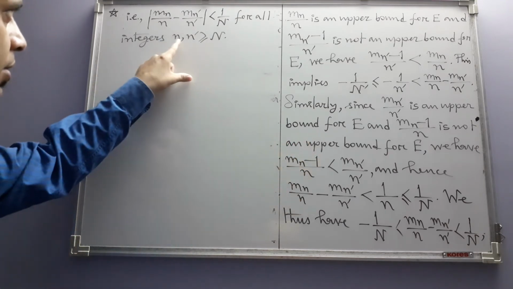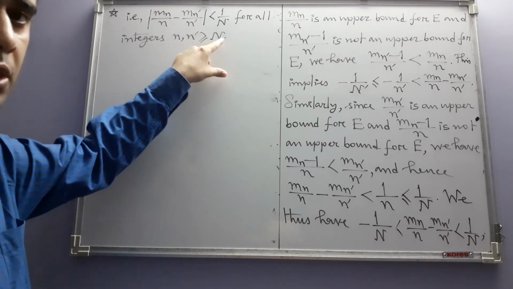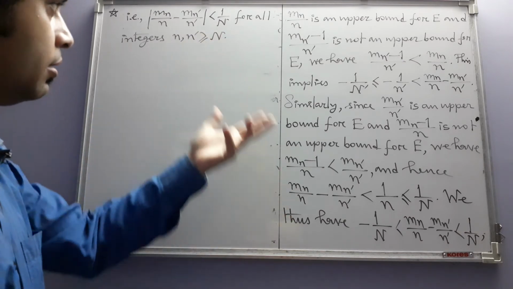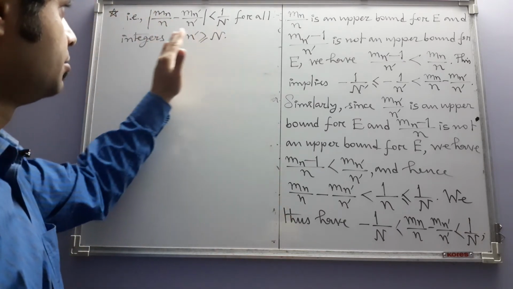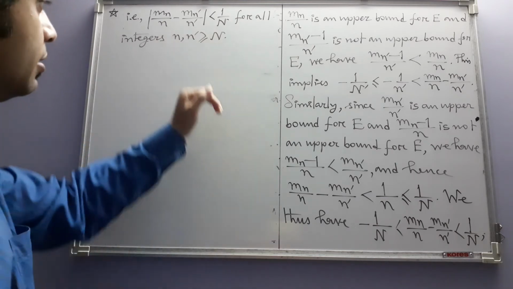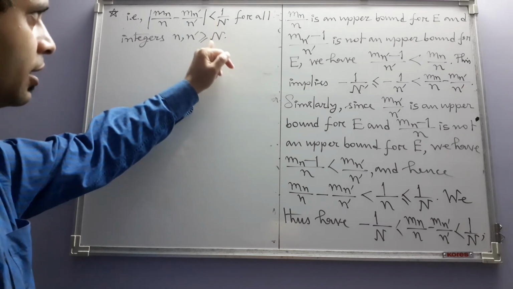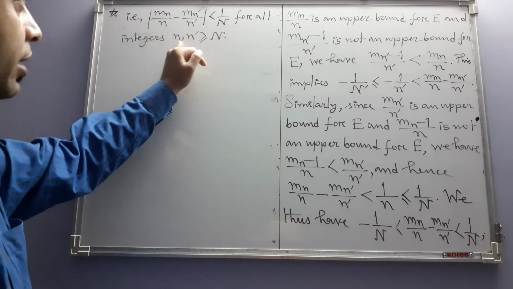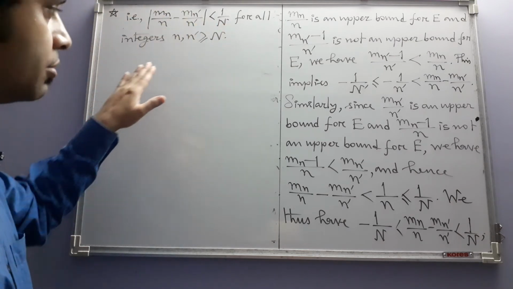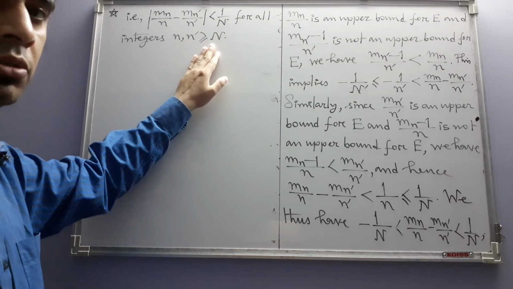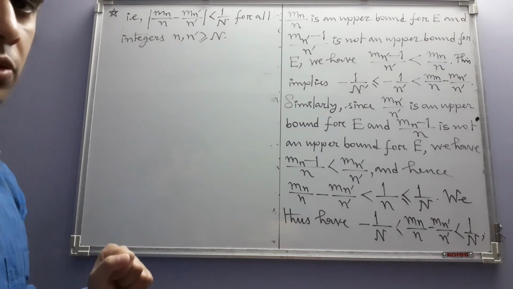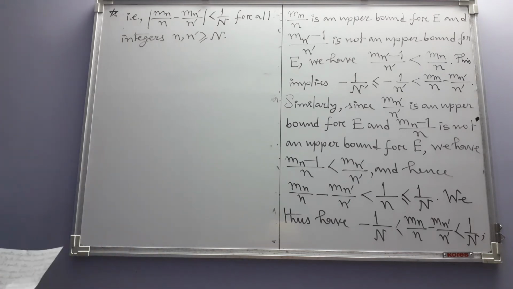But keep in mind that we chose n and n' after choosing N, and this N is any positive integer. After that, n and n' have been chosen to be any integers greater than or equal to N. So for a fixed capital N, you can in fact vary n and n'. You can choose them to be any integers whatsoever, but both greater than or equal to N.